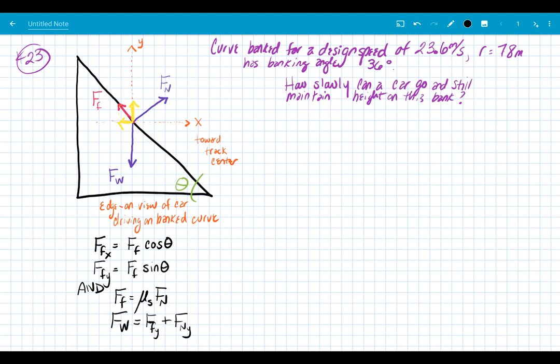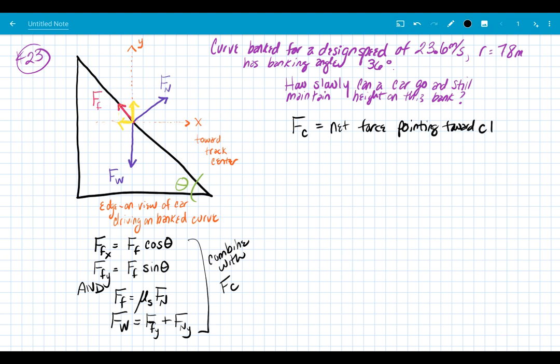All right, what we're going to do is combine this information with stuff we already know, and that is what we know about the centripetal force. And we know the centripetal force is equal to the net force pointing toward the center of the circle.